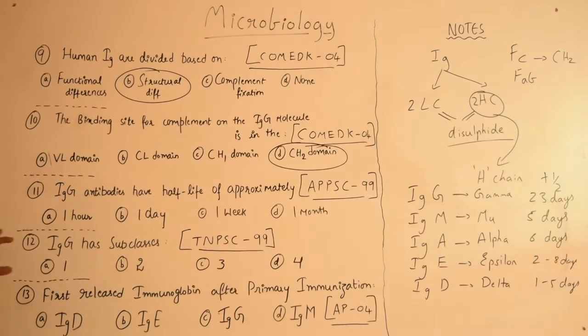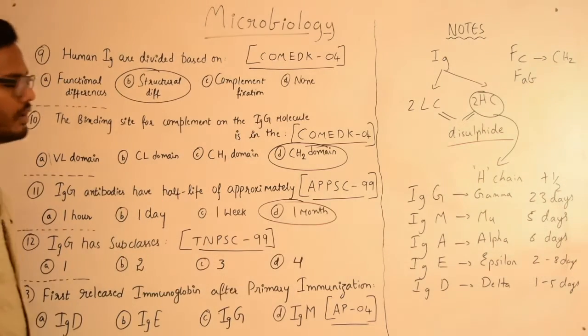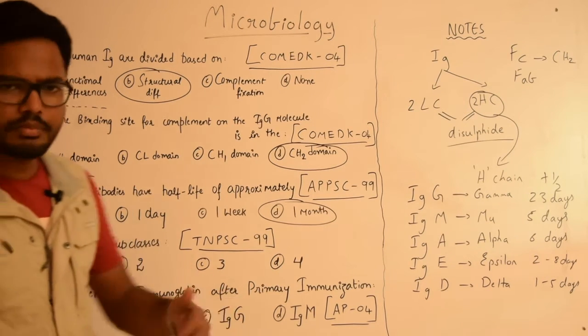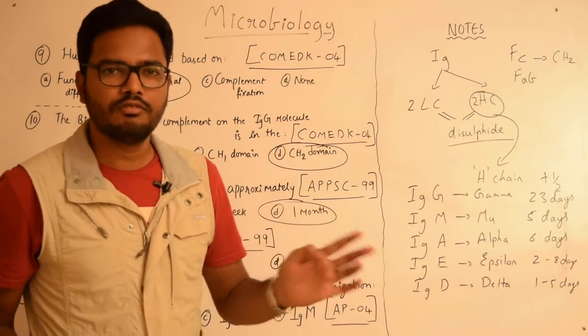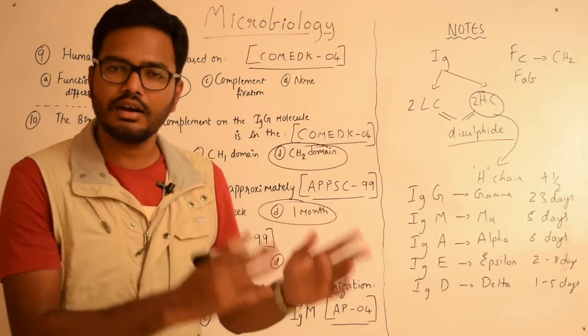Now let's move on to the same question. IgG antibodies have a half-life of approximately 23 days, so the best answer here is 1 month, option D, right? Now moving on to the next question. IgG has subclasses. I have discussed the same in the previous videos, right? IgG has 4 subclasses, 1, 2, 3 and 4, and their concentration varies.